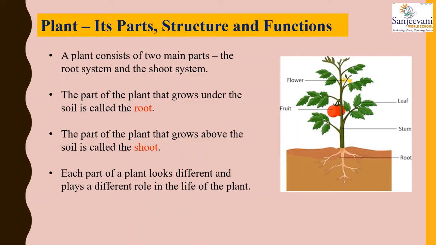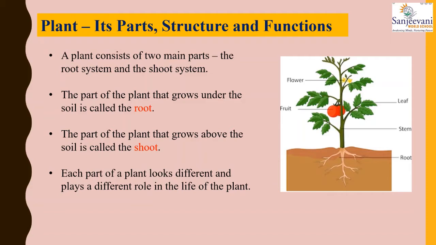In this lesson, children, we are going to learn about plants, their parts, structure and functions. So, plants have two important parts. First, the root system that you can see in the picture below ground, and the shoot system which is above ground.